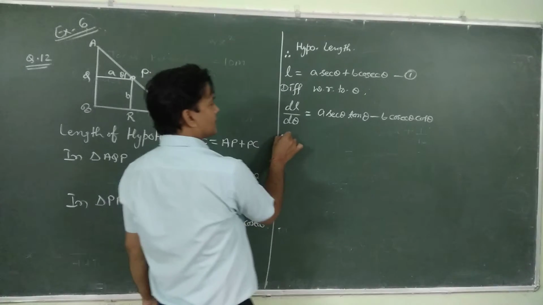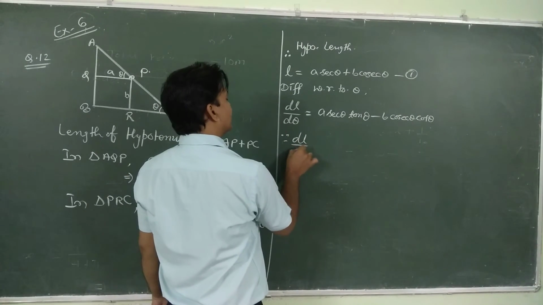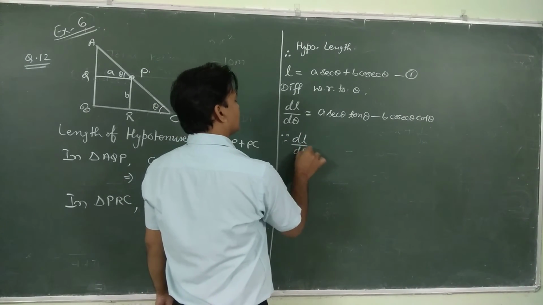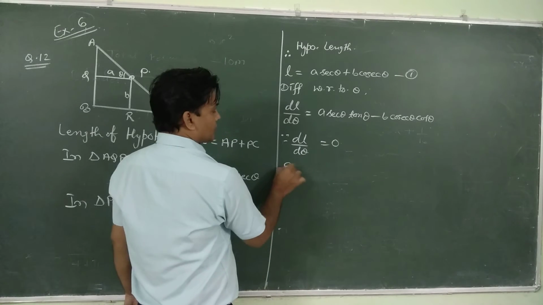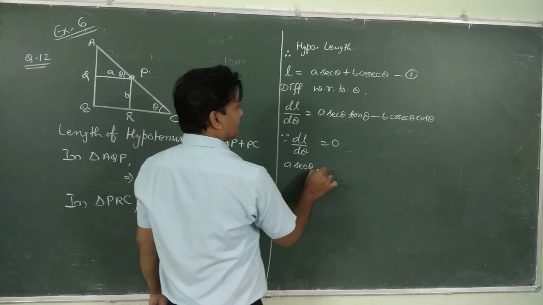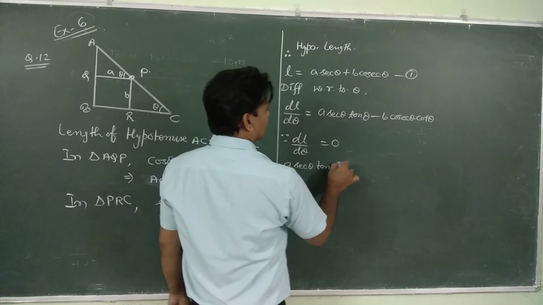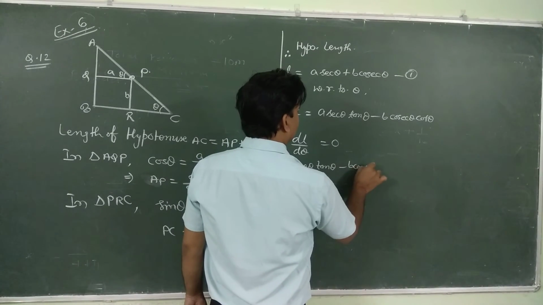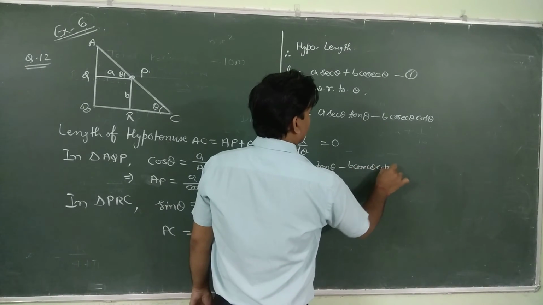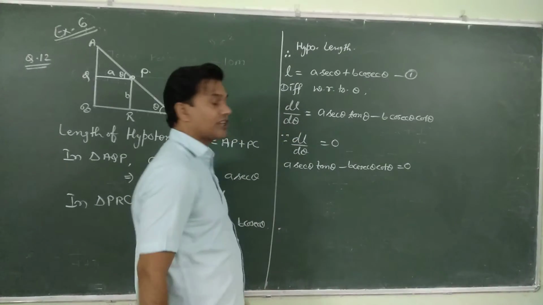Putting dL by d theta equals 0. So A sec tan minus B cosec cot is equal to 0.